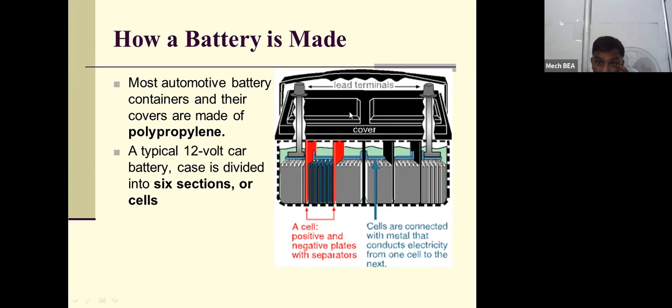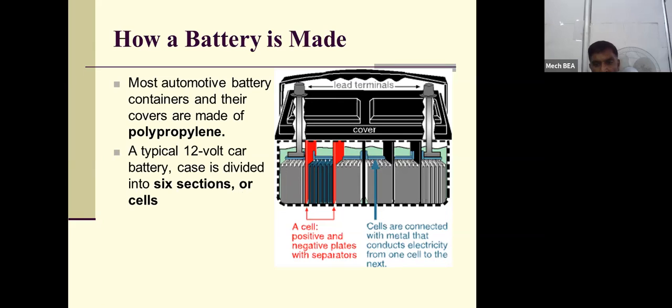This is the 12-volt car battery, and it has 6 compartments, or in other words 6 sections or 6 shells, one and the same.